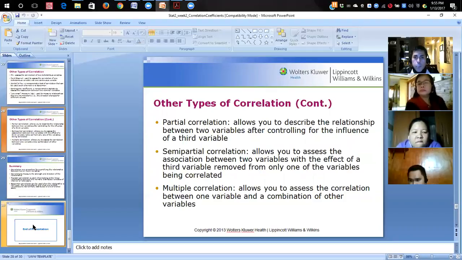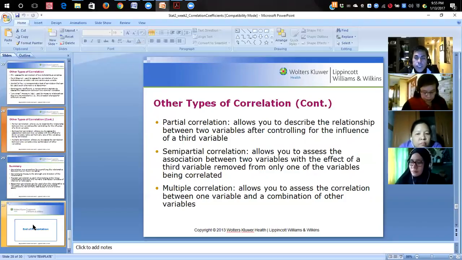There's also partial correlation. This one is also something that I haven't used in my own personal research. It allows you to describe the relationship between 2 variables after controlling for the influence of a 3rd variable. It's like looking at interaction and you control the interaction.